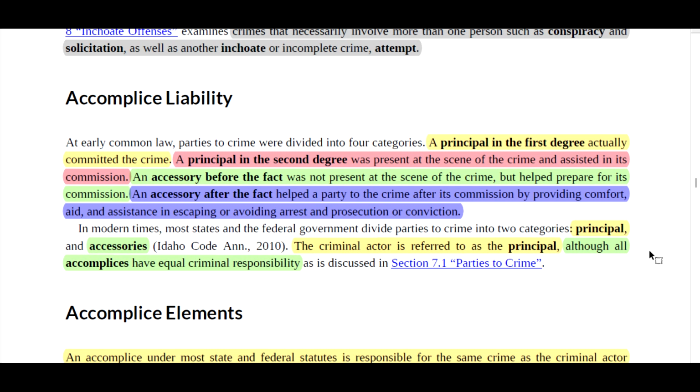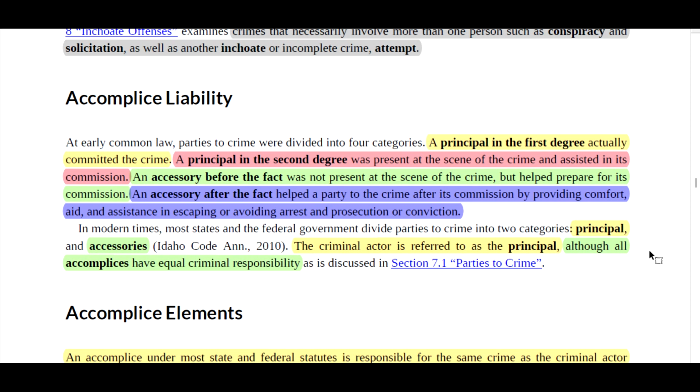But most of them now use principal and accessories. Those are the two more common ones, and they follow common law; they just combine them together. Should be pretty straightforward. Principal is the individual who committed the crime, and accessories are people who assisted.